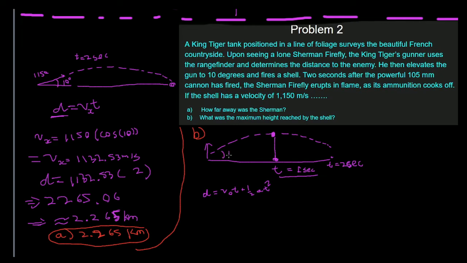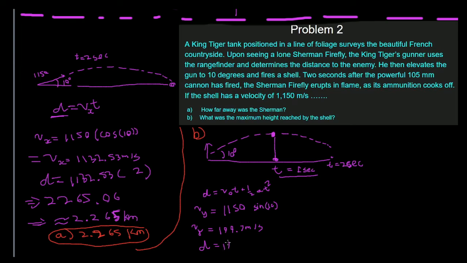Since this is 10 degrees, Vy equals 150 sine theta, which is 10. Hence the initial upward velocity of the tank shell equals 199.7 meters per second.